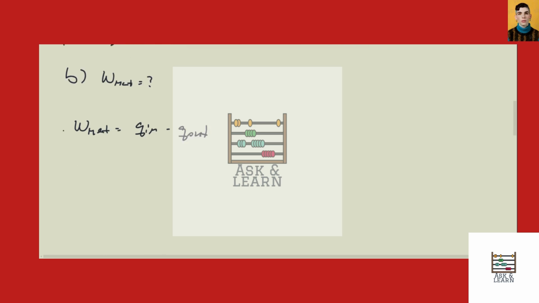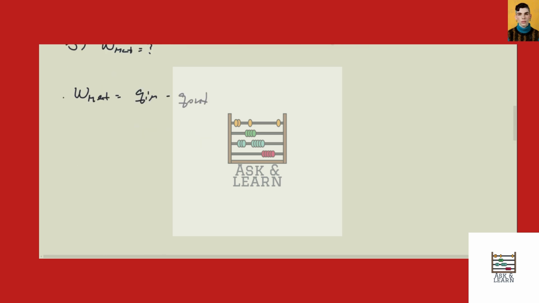And the problem is we do not have the heat output. So let's calculate Q out first. So this is just U4 minus U1, which is just Cv times T4 minus T1.